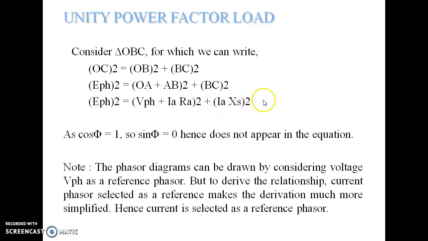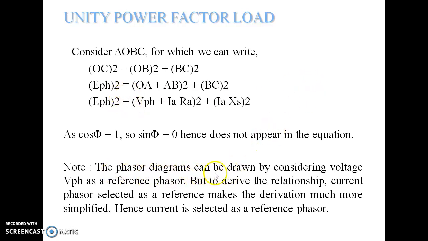This is for unity power factor load. As cos phi is 1, sin phi will be 0 here. So V sin phi will not be present. Even cos phi is also absent, and they do not appear in the equation. Accordingly, EPH we can write as the root of this much.